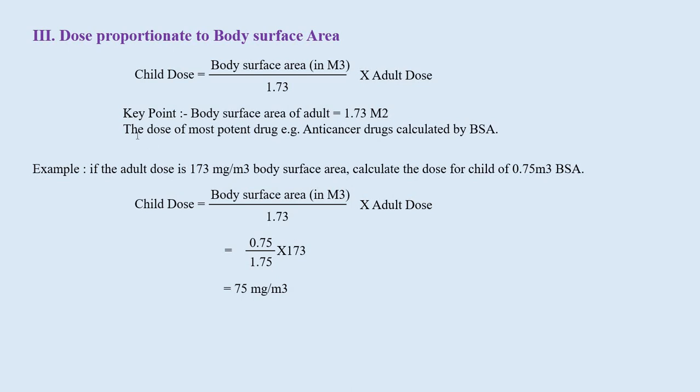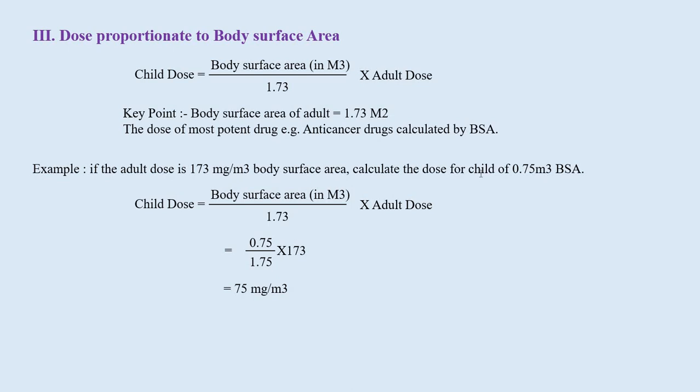The dose of the most potent drugs, that is the anti-cancer drugs, as we know that most potent drugs are the anti-cancer drugs, is calculated using this formula. The example is: the adult dose is 173 mg per meter cube body surface area.